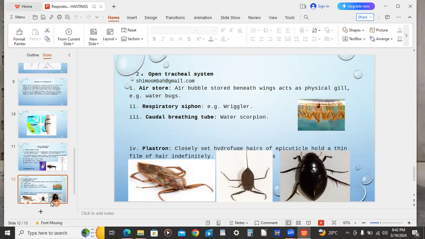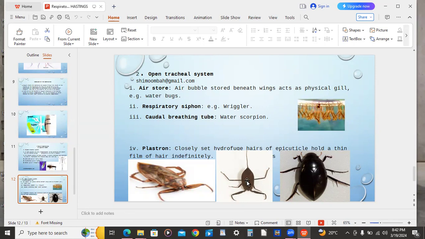Air store bubbles stored beneath wings act as a physical gill, e.g. water bugs. This is the example of water bugs which float on top of water. We have the respiratory funnel, which is in mosquito larvae, these. And then we have the caudal breathing tube, which is in the water scorpion. This one is the water scorpion.